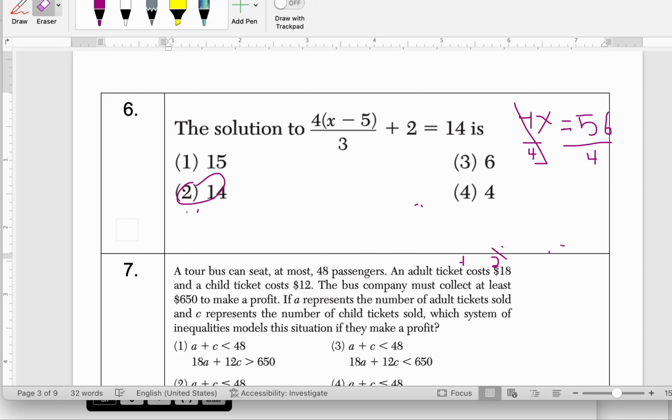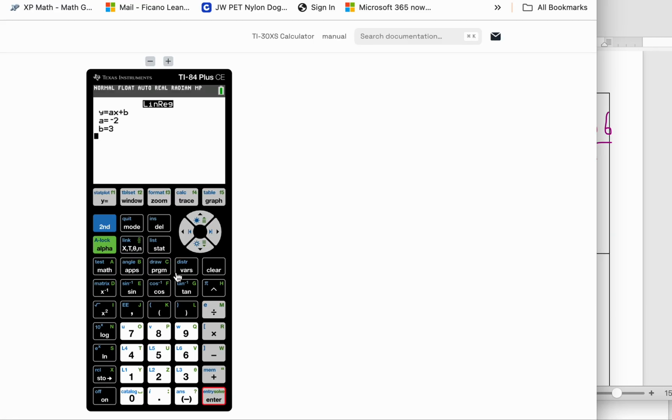I'm going to start with 15 because that's the first answer, and put x as 15 in here. So I'm going to go 15, store x, enter.